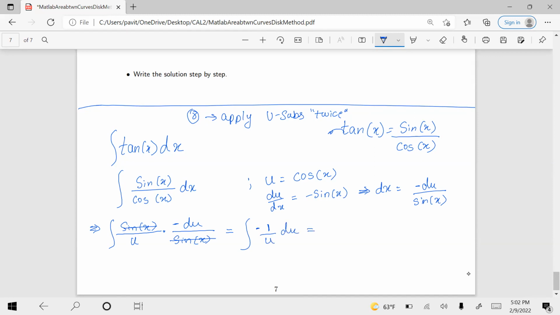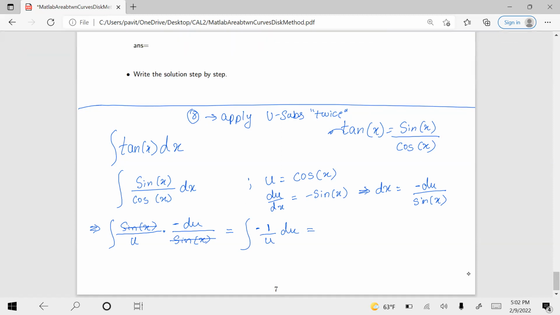Now the integration of 1 over u is log of u. We have that formula. So I will keep the negative sign outside and write log of u. Okay.